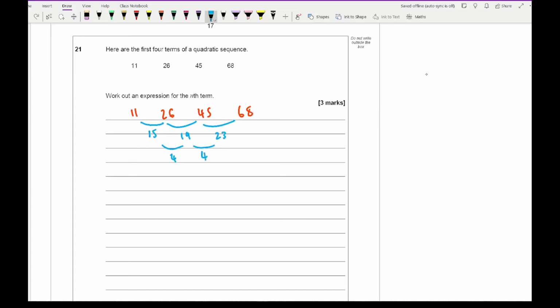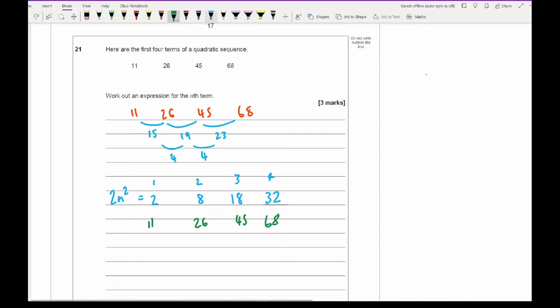So that means that 2n squared is in the formula. Now 2n squared, if I work that out, n is 1, 2, 3, 4. So 1 squared is 1, times 2 is 2. 2 squared is 4, times 2 is 8. 3 times 3 is 9, times 2 is 18, and 4 times 4 is 16, times 2 is 32. And what I then want to do is compare that to the numbers in the sequence of 11, 26, 45, and 68.